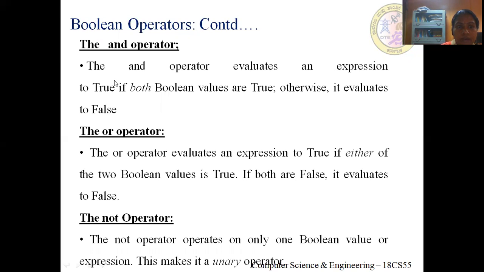The first Boolean operator is the AND operator. The AND operator evaluates an expression to true if both Boolean values are true. That is, AND is a binary operator. We will be comparing two operands, operand 1 and operand 2. So the AND operator will return a Boolean value true when both the operands are true. Otherwise, it will evaluate to false.